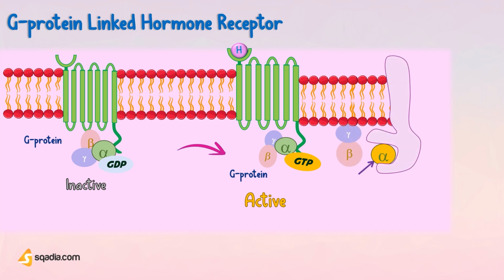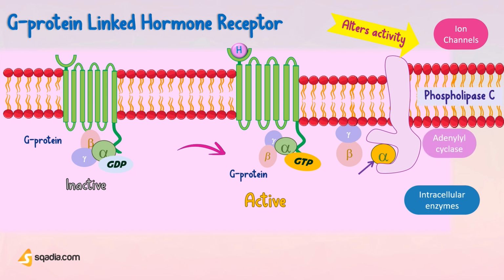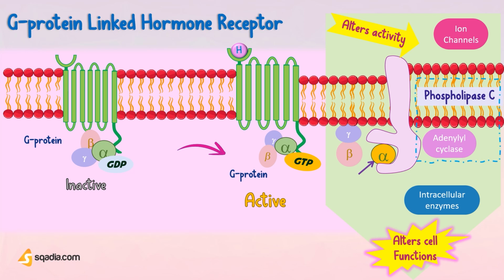Resulting activation causes the alpha subunit to dissociate from the trimeric complex and to associate with other intracellular signaling proteins. These proteins, in turn, alter the activity of ion channels or intracellular enzymes such as adenylyl cyclase or phospholipase C, which alters cell function. No need to worry, these are second messenger mechanisms that will also be discussed shortly in this video.